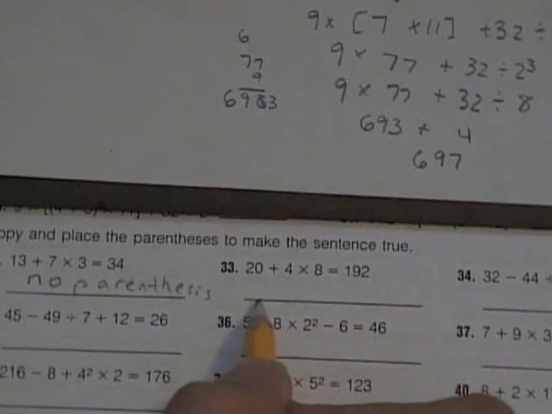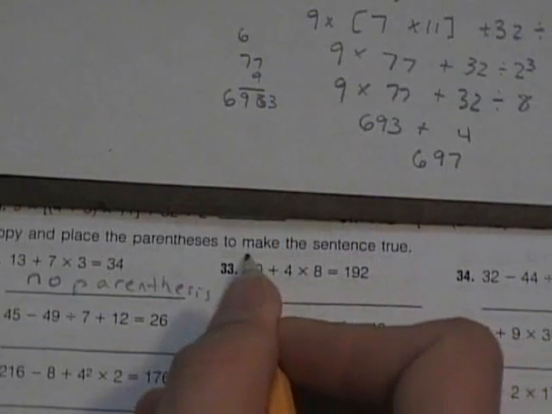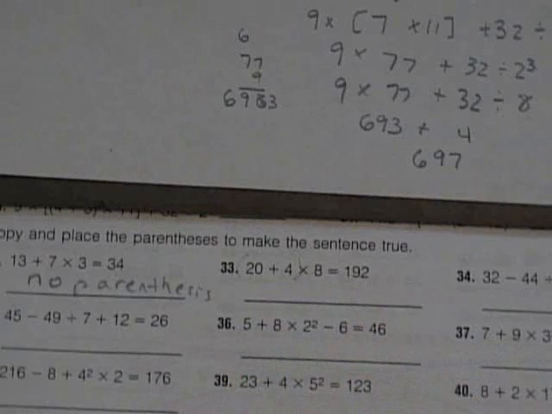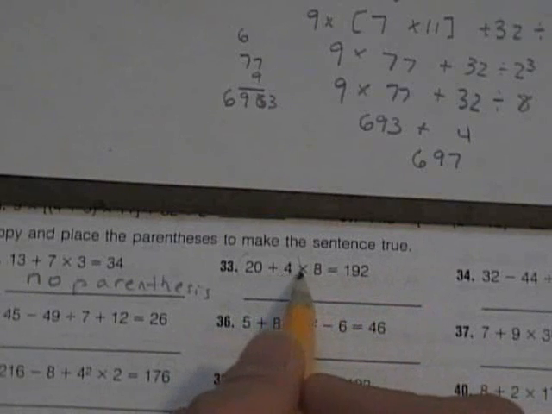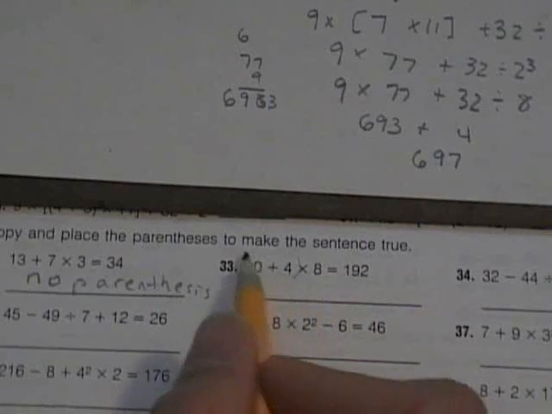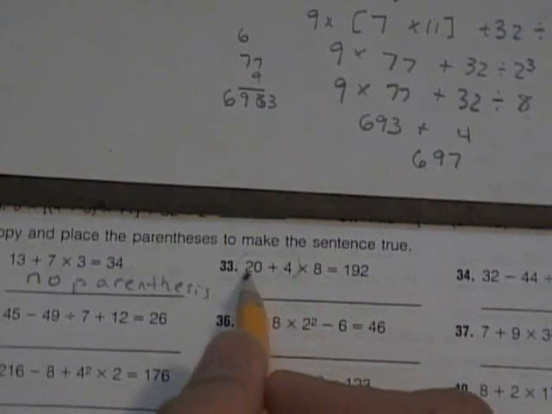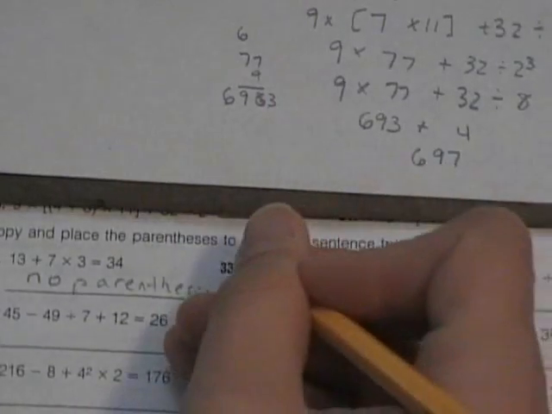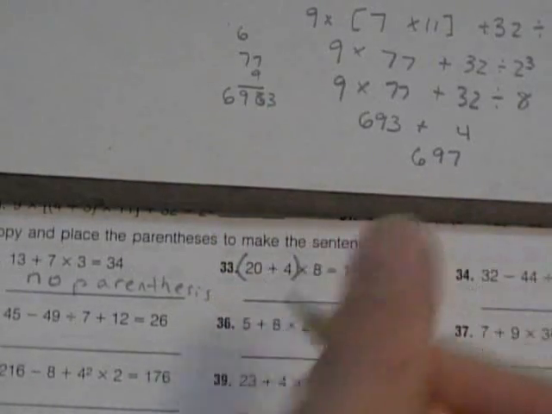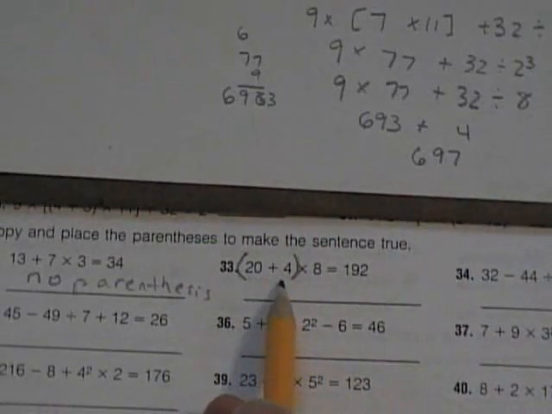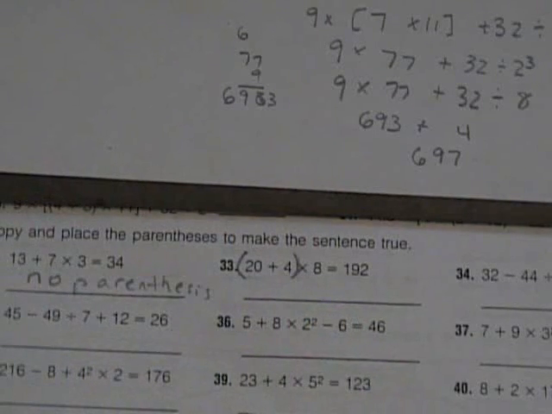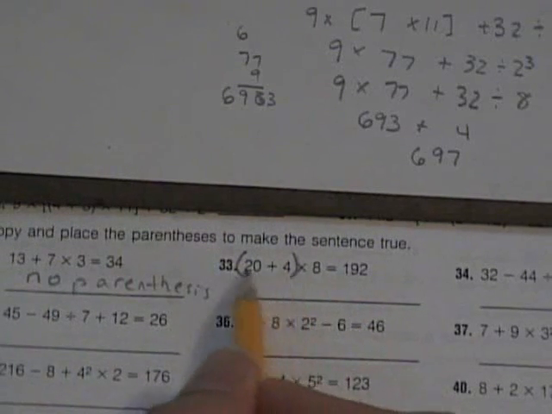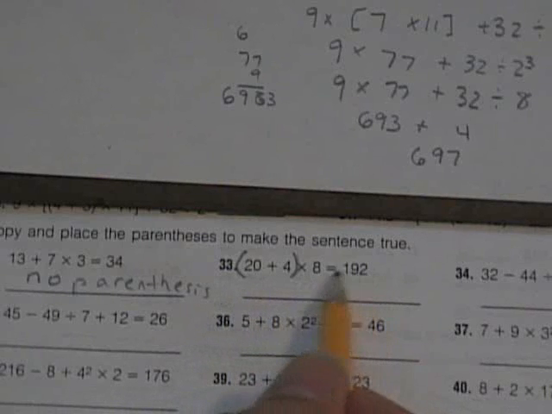Well, if we put parentheses around the 20 plus 4, that'd be 24 times 8. Because remember, parentheses come first, so you're going to add first. So if I put parentheses here, 20 plus 4 is 24. 24 times 8, hey, that's 192. So that's where you would put parentheses, right here, in order to make this correct.